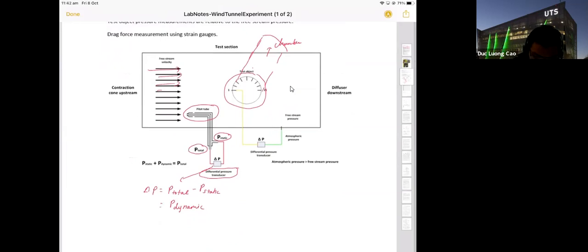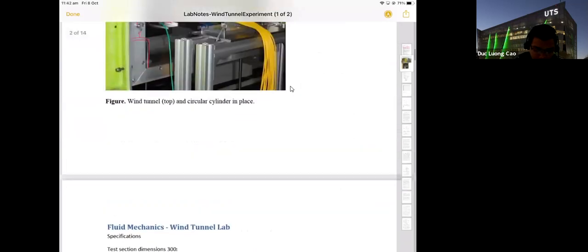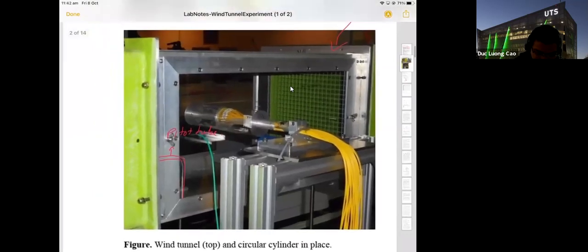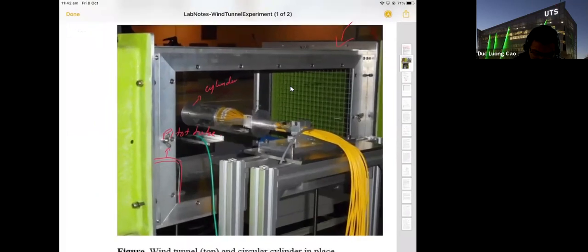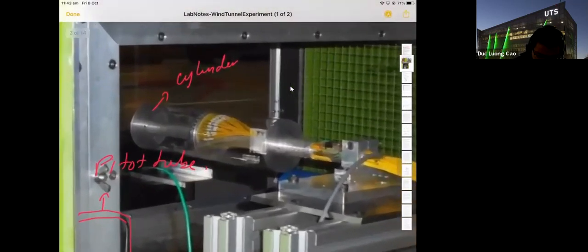In this cylinder, we have 21 holes, or 21 pressure tappings, on the top half of the cylinder. You can see hole 1, hole 2, and hole 21 on the other side.